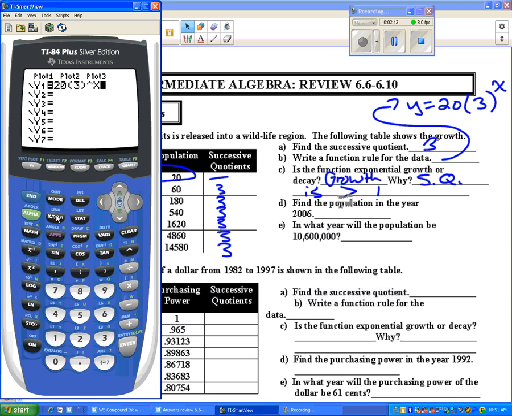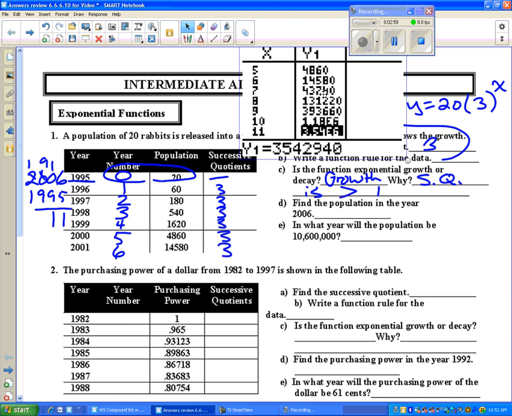I'm going to go to my table, and I want 11. So 11, I have 3,542,940.